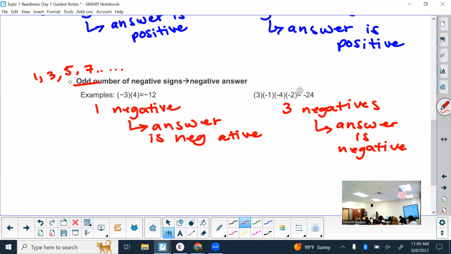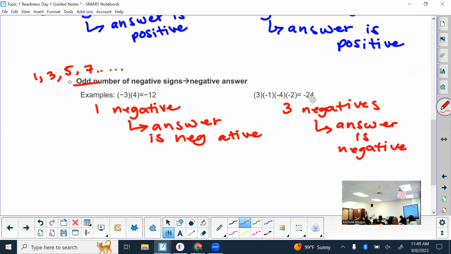The 24 comes from doing what's 3 times 1, and then 3 times 4, and then 12 times 2. 24. All right, so then, yeah, you multiply like normal, but then you just worry about the negative probably at the end or first. I think would be the easiest one.